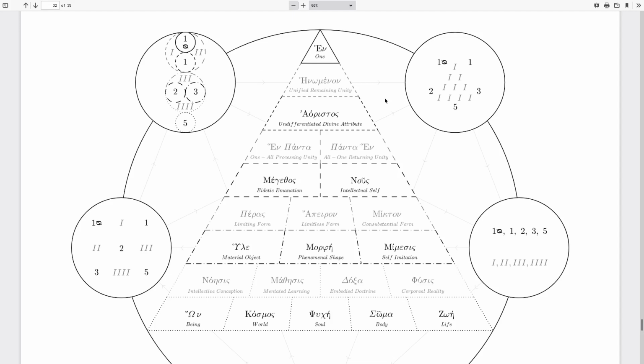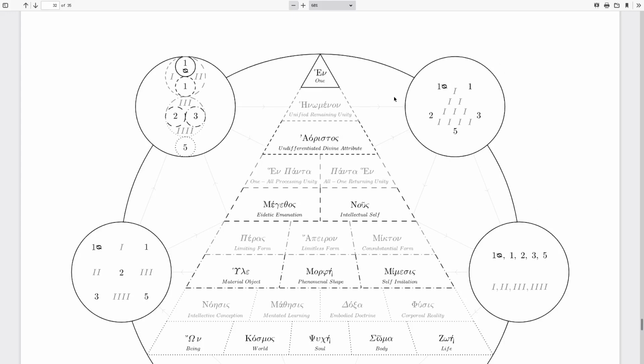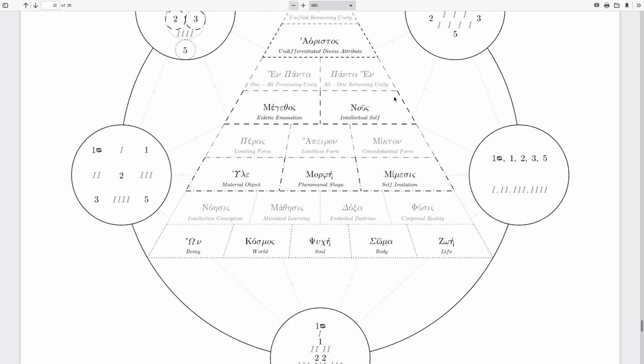And you could get into that when you read Damasius' book on this topic on problems and solutions concerning first principles, I think was the title of the book that was translated into English.